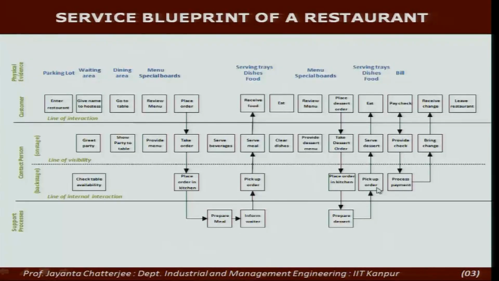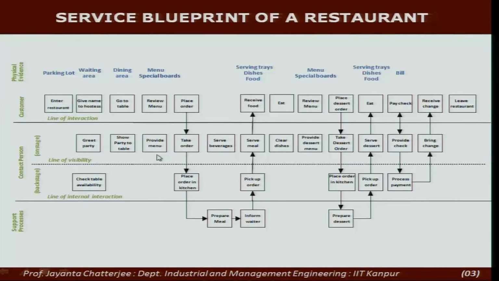This simple diagram can be elaborated, which you have seen before, which is the service blueprint of a restaurant. So we have this line of visibility. We have this whole process from customer's entry to the various places where there is ordering, receiving of the food and consumption of the food, and then the customers exit.